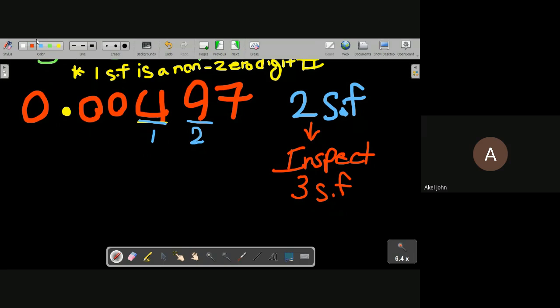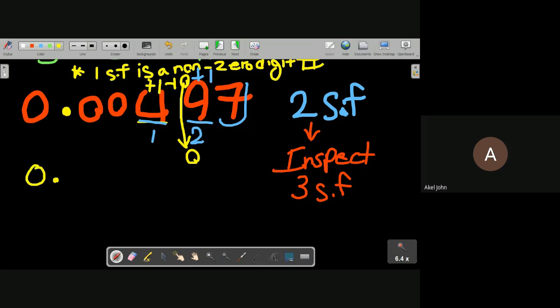So since our third is 7, we need to add 1 to the left. But since this is 9, this 9 will turn into 10. The 0 would come down here, and the 1 gets passed to the 4, or gets added to the 4, I should say.